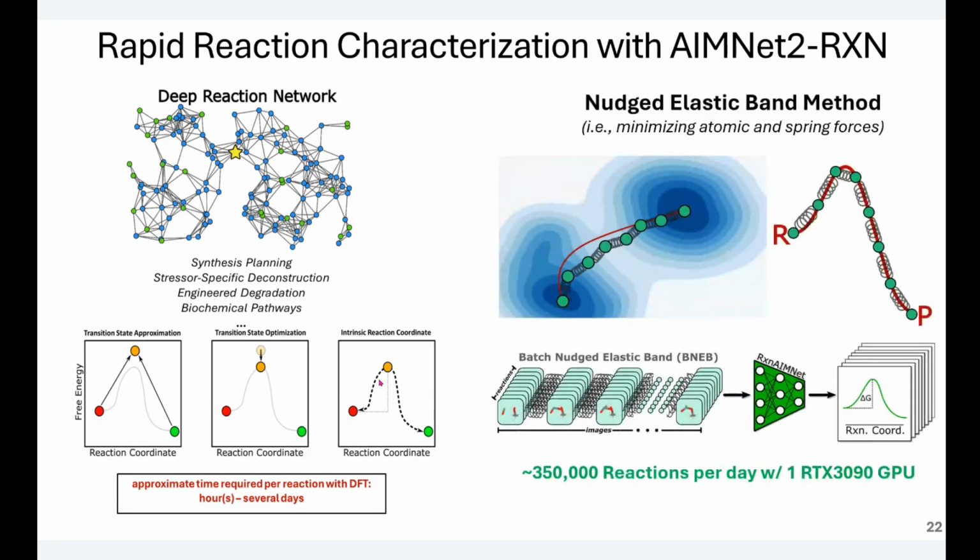What we're actually doing, it's the beauty of the GPU implementation of our models, or any ML interatomic potentials, that we can do batch calculations, and GPUs have a lot of processing units, so they can handle a lot of molecules.